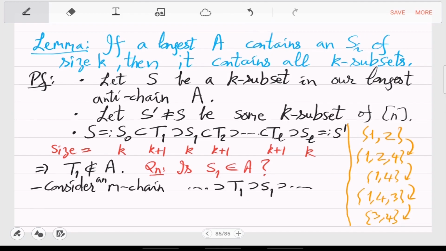What is the reason? Yes, that we have assumed, but why should it have something from every M chain?